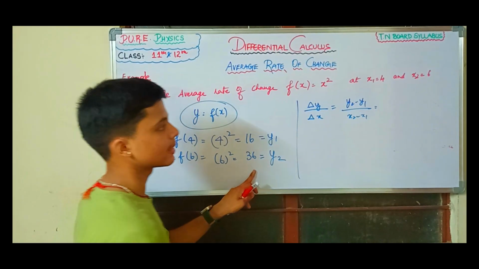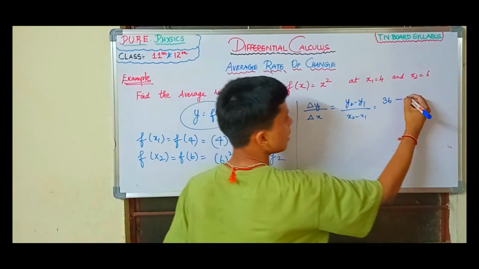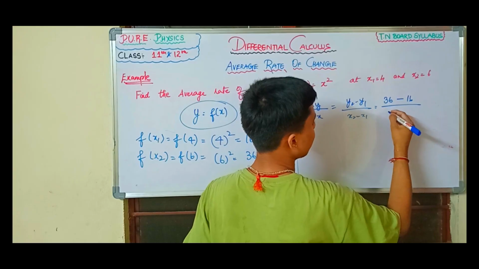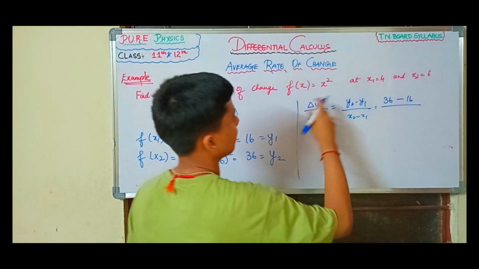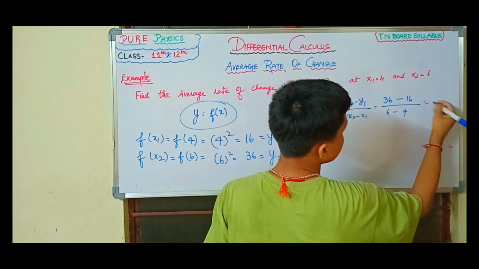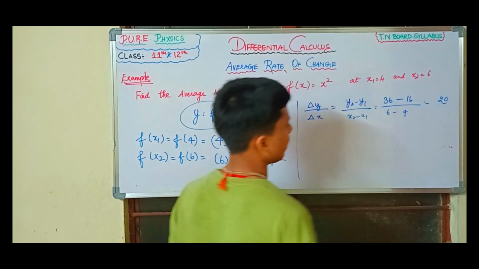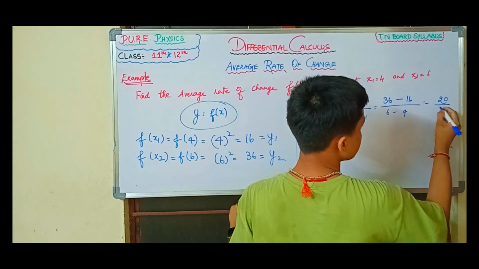Here y2 is 36, so 36 minus 16, divided by the given x values, 6 minus 4. 36 minus 16 is 20. So 20 by 6 minus 4, which is 2.